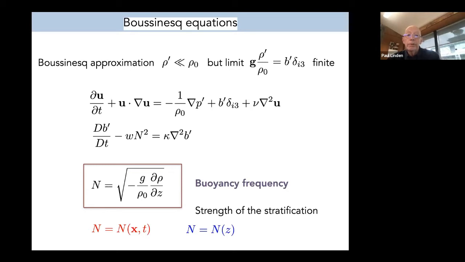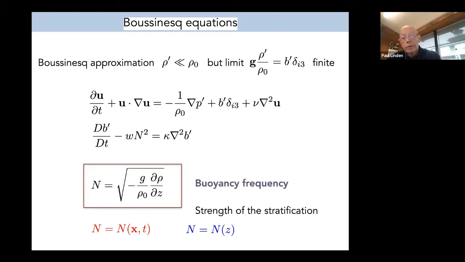So the equations then become, the momentum equation becomes the u dt plus u dot grad u on the left, the perturbation pressure, because we've cancelled out the hydrostatic pressure, the buoyancy term associated with the perturbation buoyancy, and dissipation through viscosity. And similarly for the density, we now write in terms of perturbation buoyancy. So it becomes this equation.